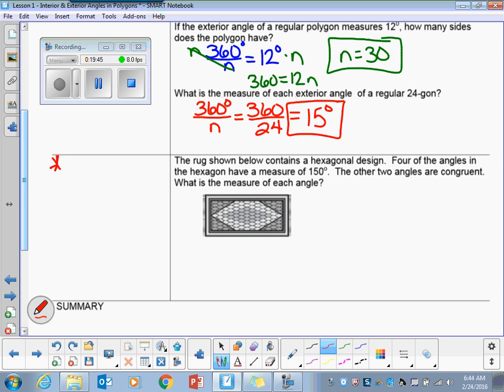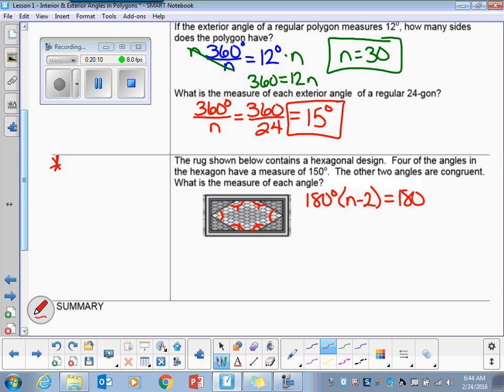All right, so 4 of the angles have a measure of 150, and the other 2 angles are congruent. So my 4 obtuse must be my 150, and they're telling me the two acute here are congruent to each other. So our formula for the sum of the interior angles is 180 degrees times n minus 2.